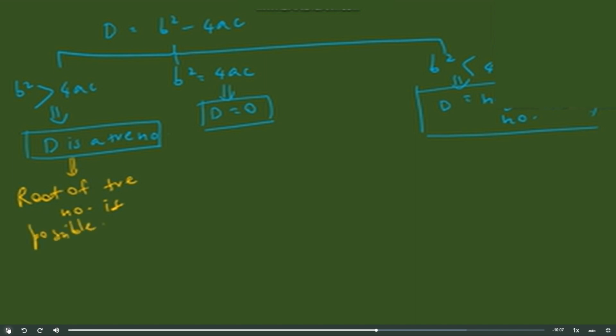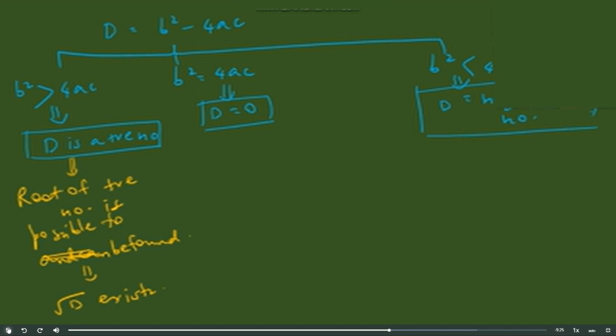Root of a positive number is possible to be found, and root of d exists. Okay, root of d exists.